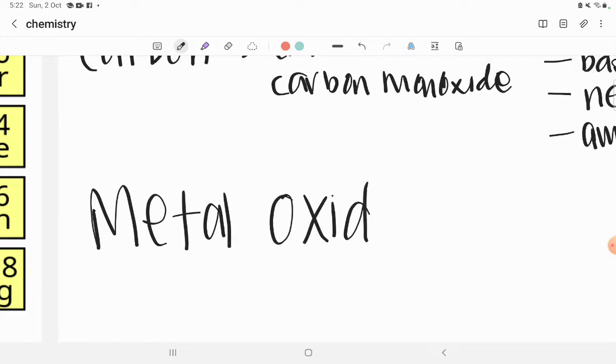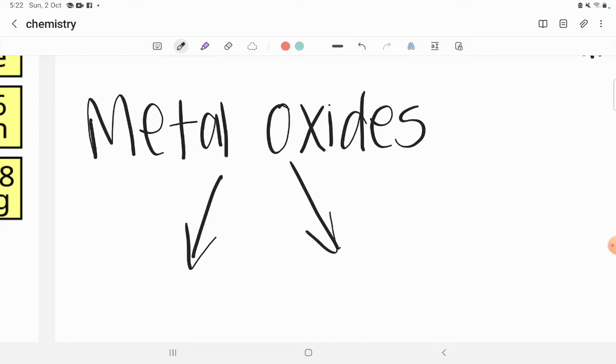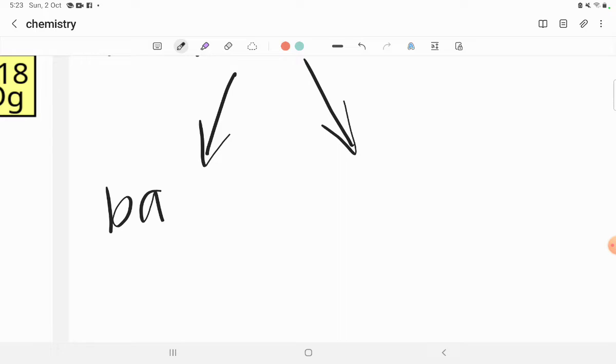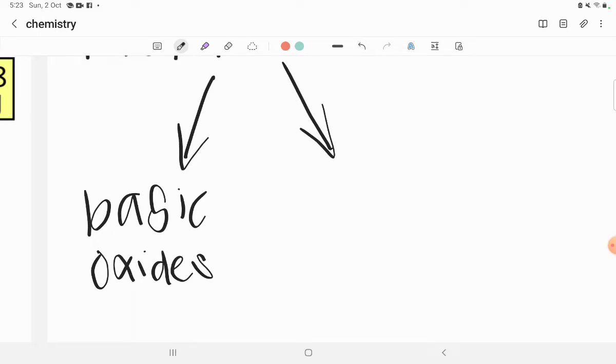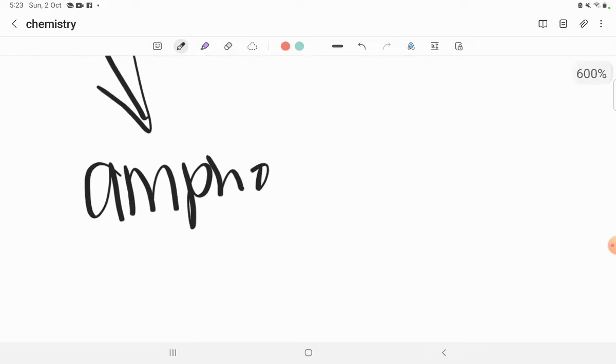Metal oxides can either create basic oxides, or they can create amphoteric oxides.